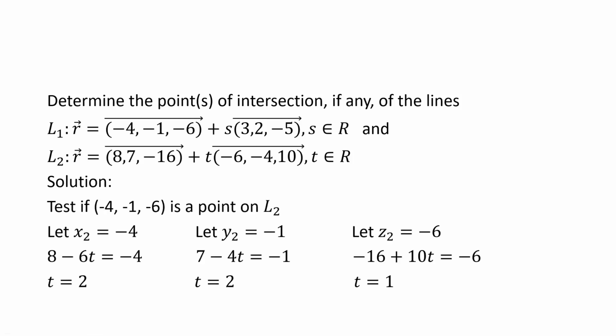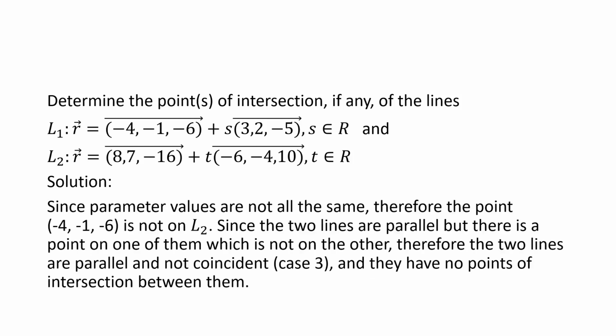And finally, letting the z-coordinate of line 2 be -6, we get a t parameter value of 1. As you see at the bottom there, our parameter values are not all the same. When that happens, that means the point -4, -1, -6 is not on line 2. Since the two lines are parallel, but there's a point on one of them which is not on the other, the two lines are parallel and not coincident, and they have no points of intersection between them.